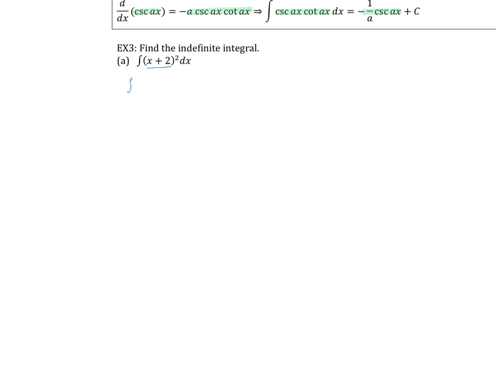So what I first need to do is write it in a form that I can use, which means I'm going to be multiplying out the (x + 2) times (x + 2) to give me the integral of x² + 4x + 4 dx.